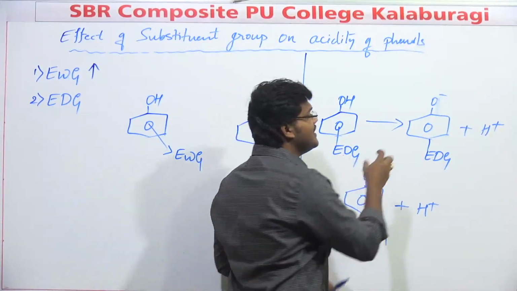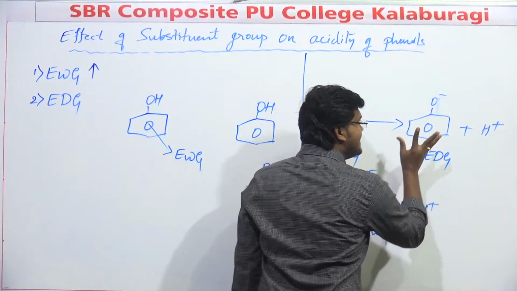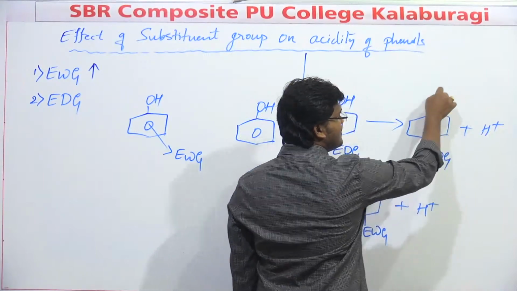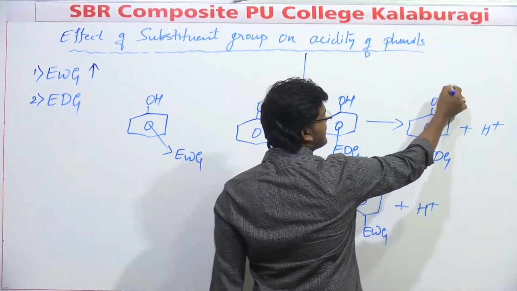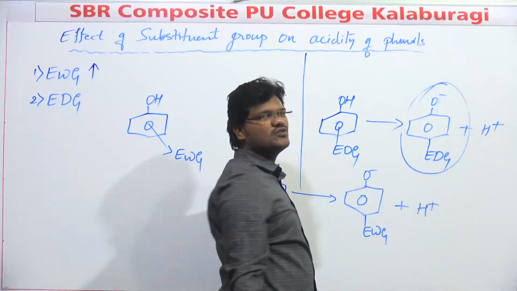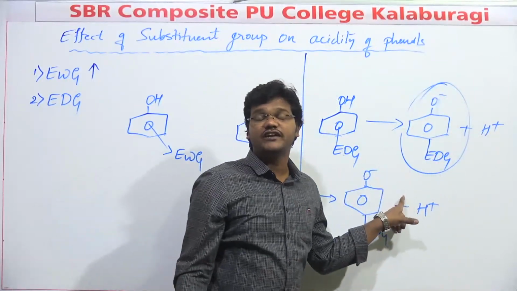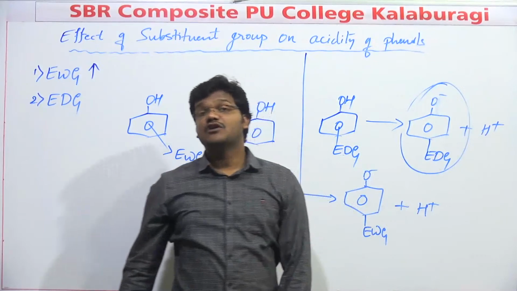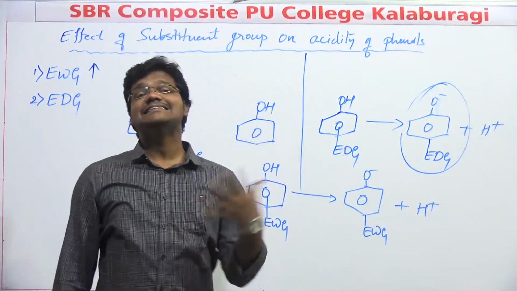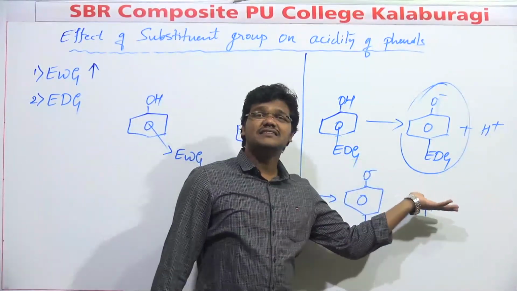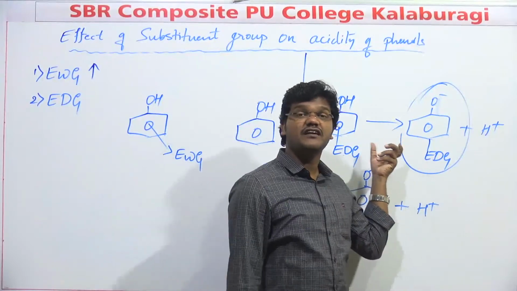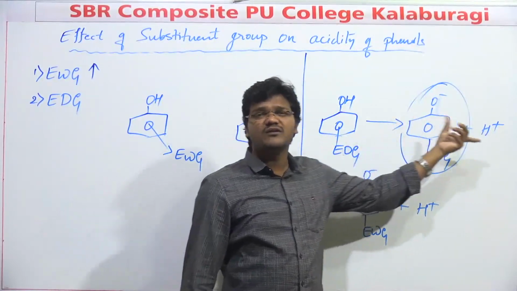But here the electron donating group will intensify the negative charge at the oxygen itself. So that makes it highly unstable. The presence of an electron donating group destabilizes the phenoxide ion and hence it becomes difficult for the phenol to donate a proton.